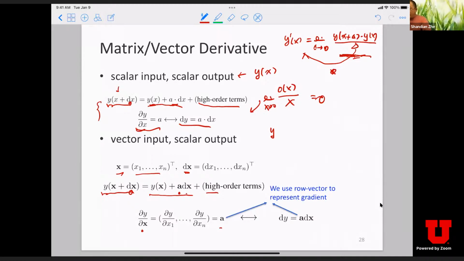That's how we define the derivative for vector input.